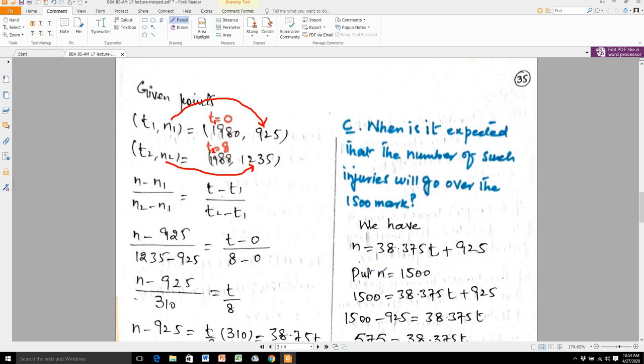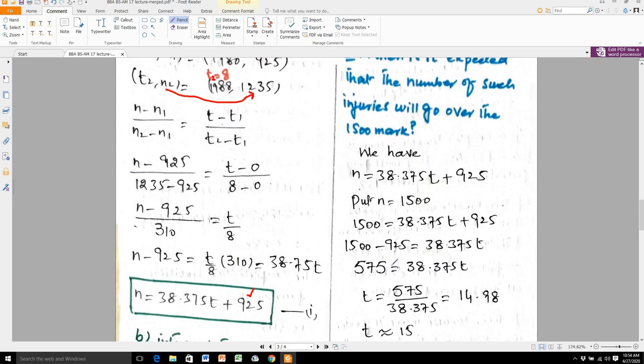When you substitute n is equal to 1500, you get 1500 equals 38.375 t plus 925. After simplification, you get 575 is equal to 38.375 t. When you divide 575 by 38.375, you get 14.98, almost 15 years.